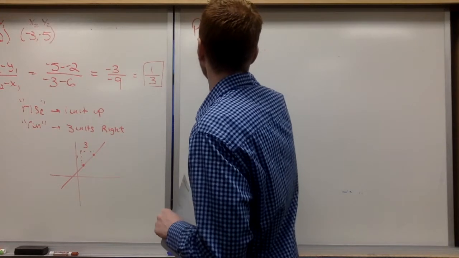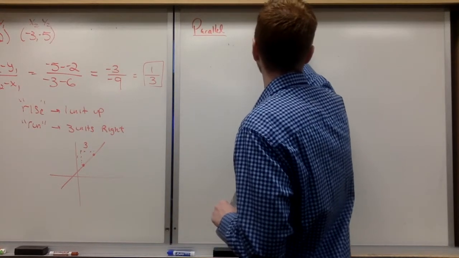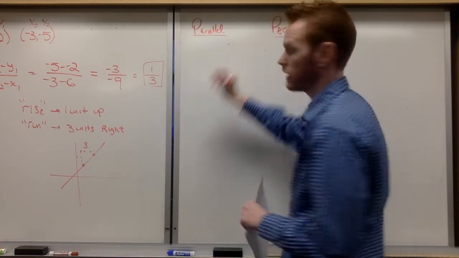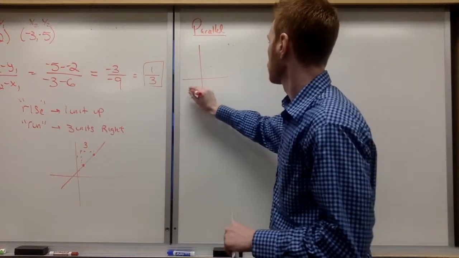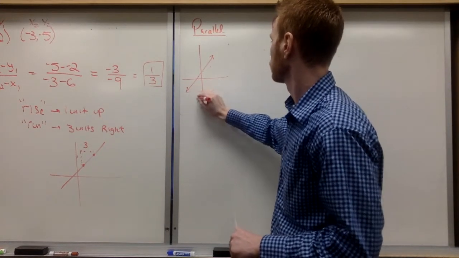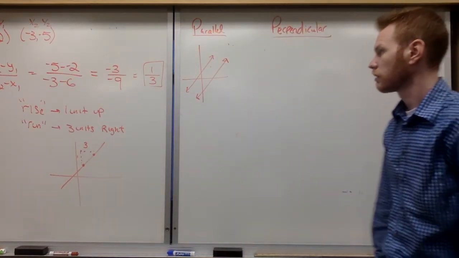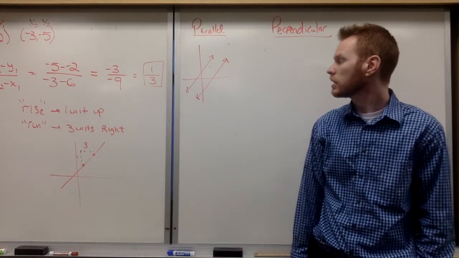Now, parallel and perpendicular. Some characteristics on these guys. Okay. If lines are parallel, we know that they don't intersect. Right? If they intersect, they're not parallel. That's the whole definition behind it.